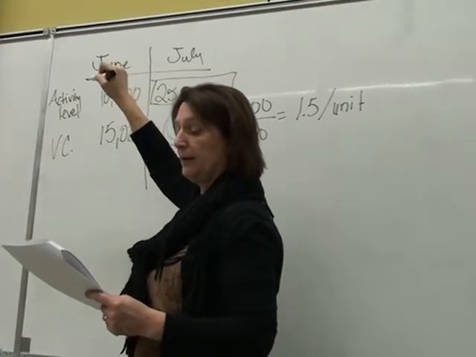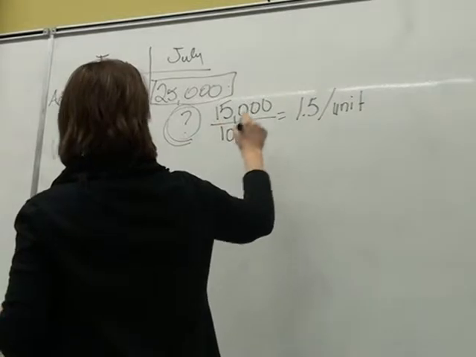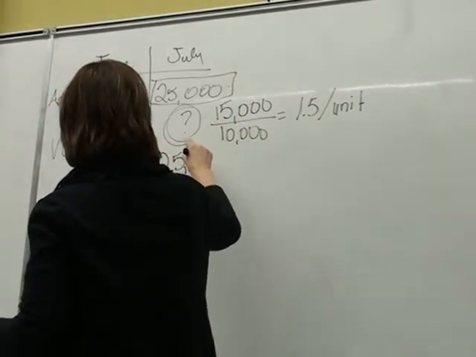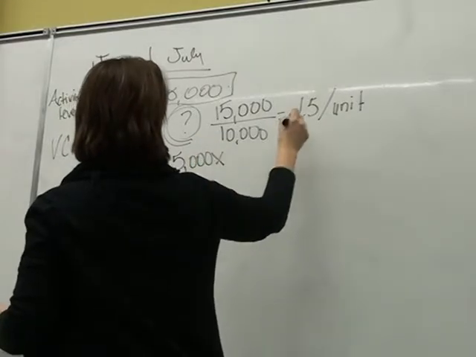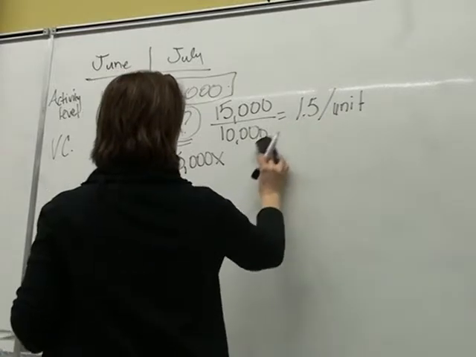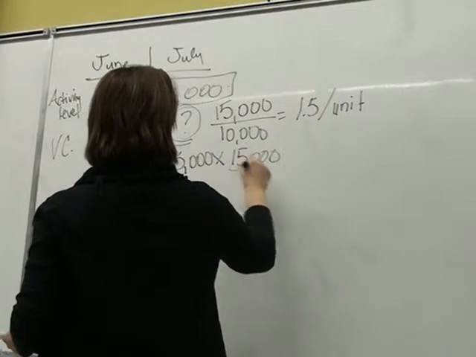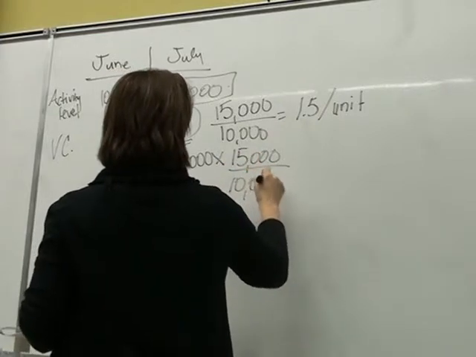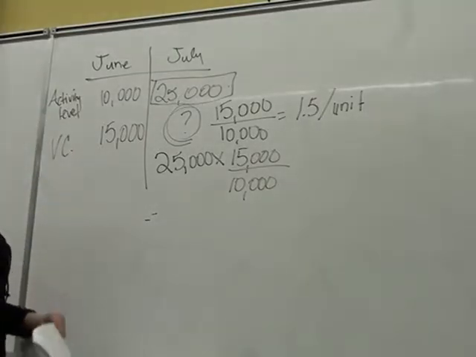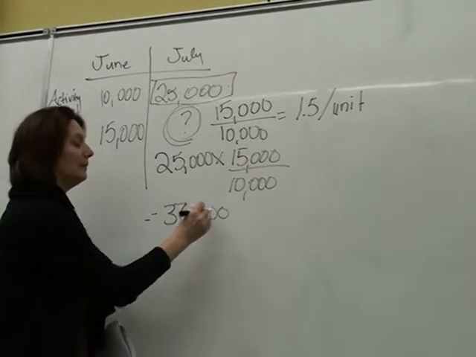So now it's 25,000 times your variable cost. And you don't even have to do that, you can just put 15,000 over 10,000, and that gives you 35,000, does it not? 37.5? Thank you. Again, math.